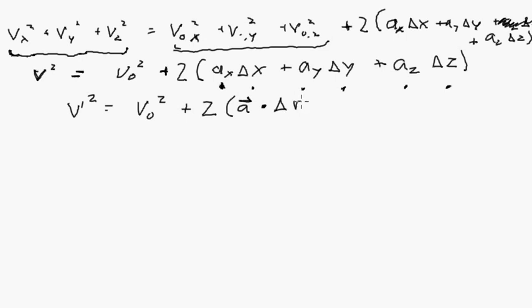Remember, we use r for position, so delta r is displacement. A is acceleration.